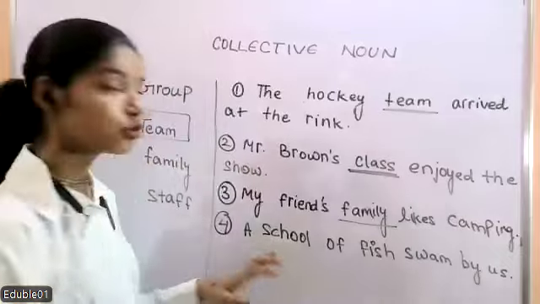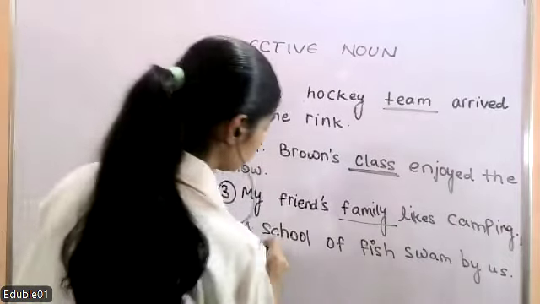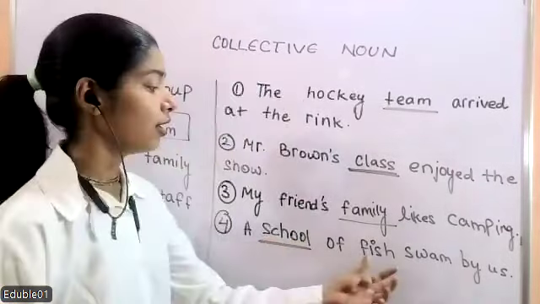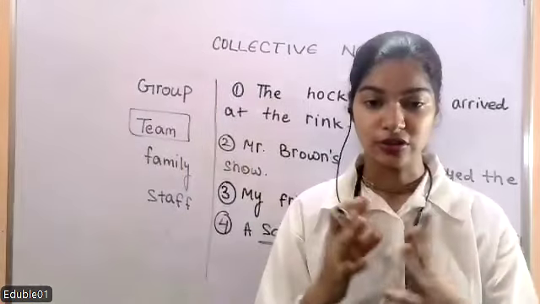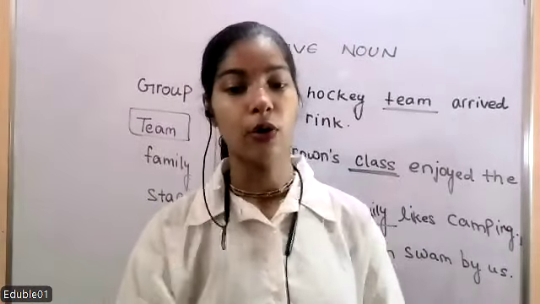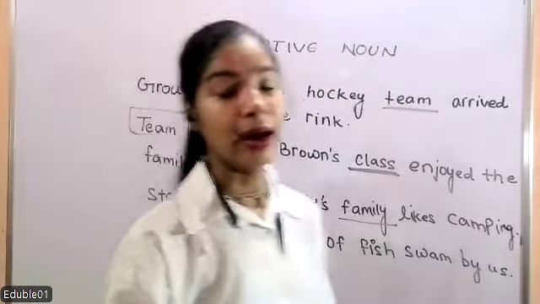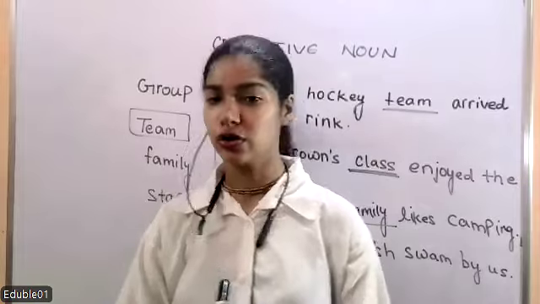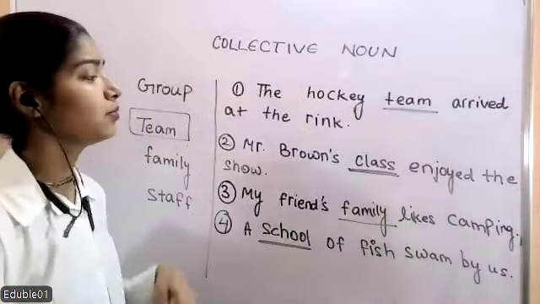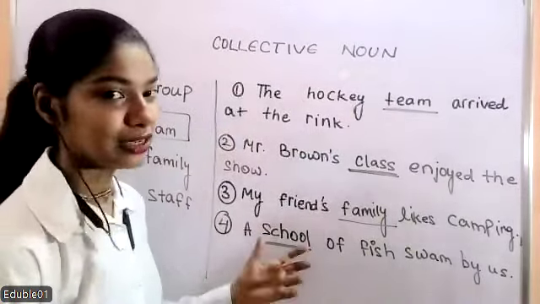So here the word school also talks about a group of fish, a large number of fish. The school of fish is what we are talking about. So here we have learned a lot of words like team, class, family, school.